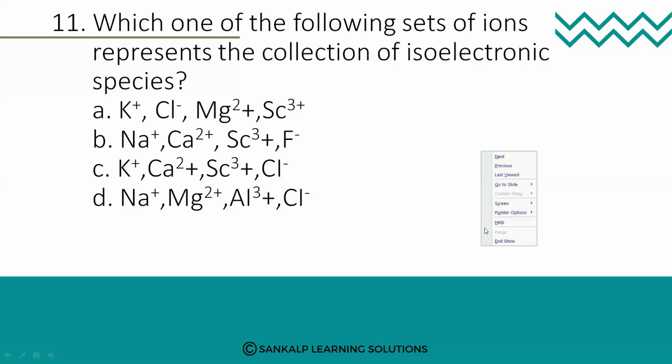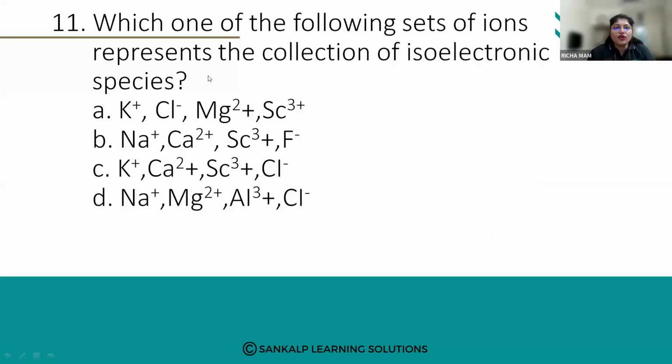Which of the following sets of ions represents the collection of isoelectronic species? Now, what do you mean by isoelectronic species, students? Has anybody heard about isoelectronic?